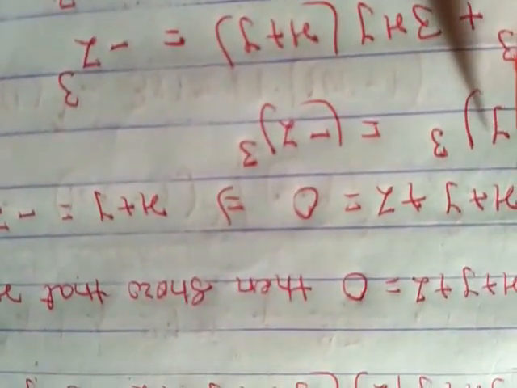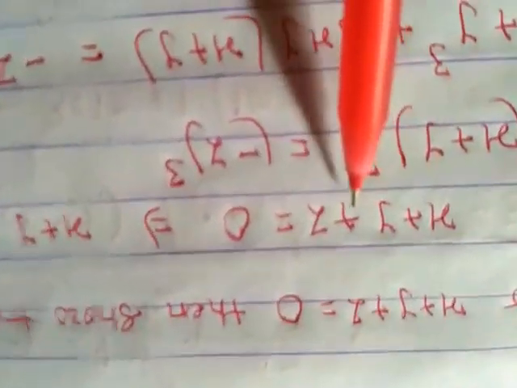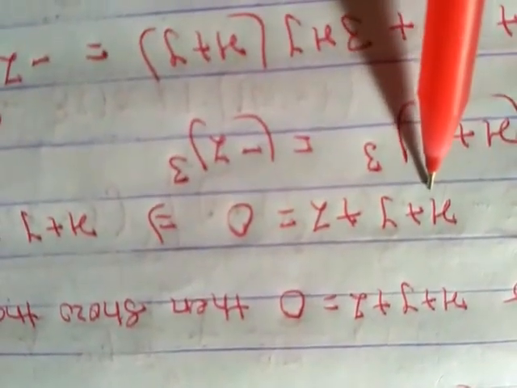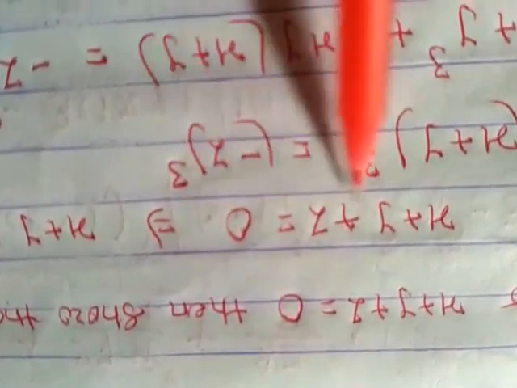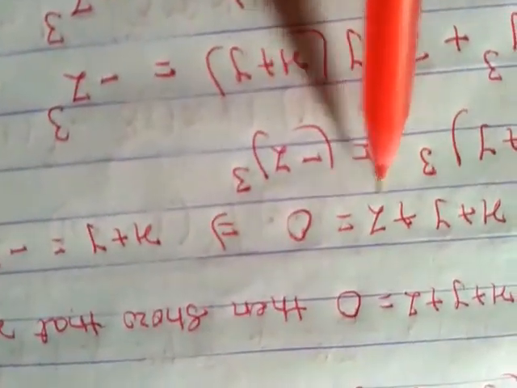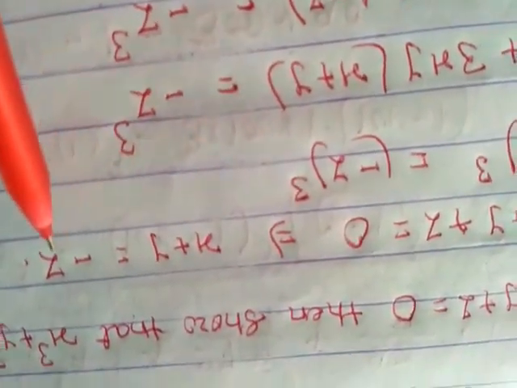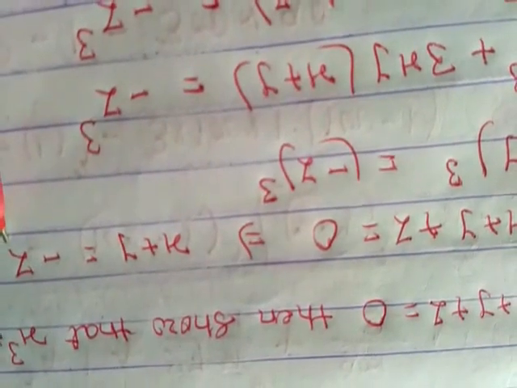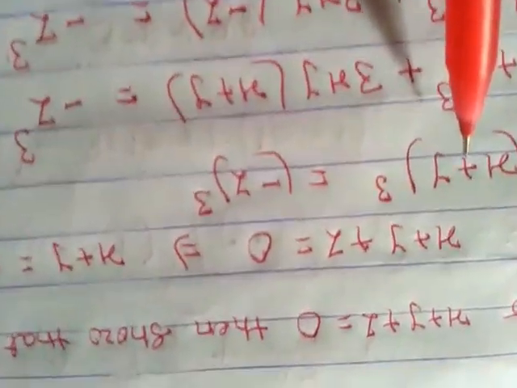Here, in solving this question, children, first we write x plus y plus z equals 0. From here we can also write x plus y equals minus z.